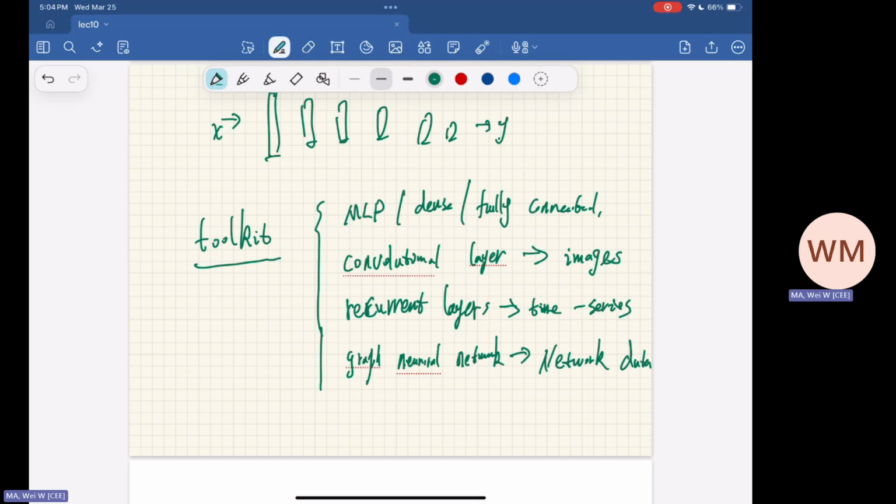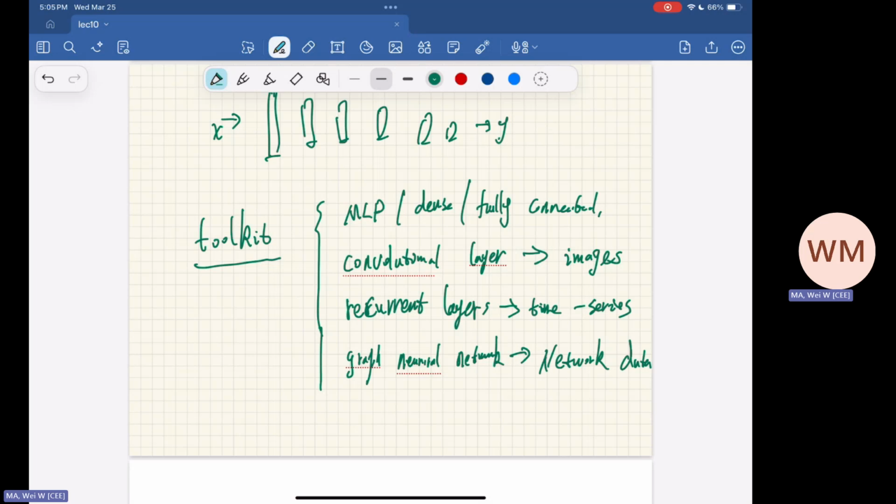For example, social media: if each of the users has some relationship, this is called network data. Other examples are genes, transportation, the road network, and social media. As long as the data contains some relationship, the GNN will be very useful.